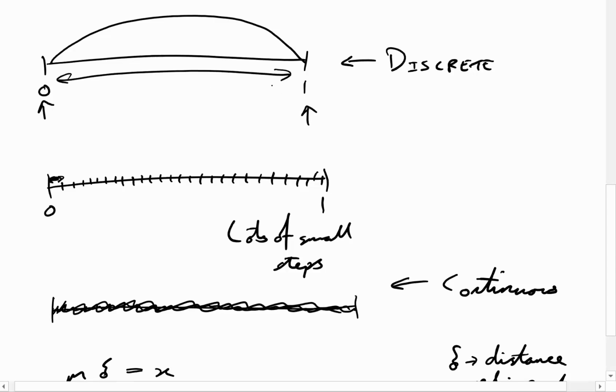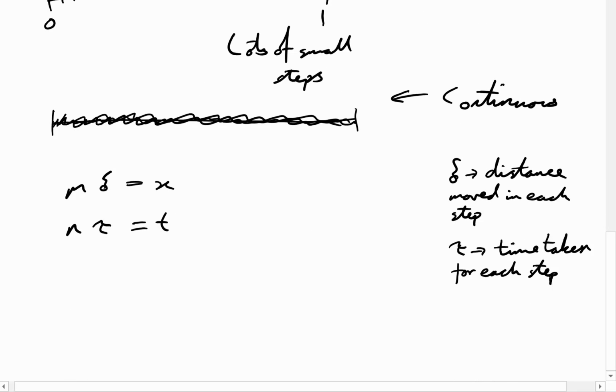Now the idea is that we take this one big step and make it smaller and smaller, so we're making lots of tiny little steps. We're making delta, the distance we move in each step, go to 0.